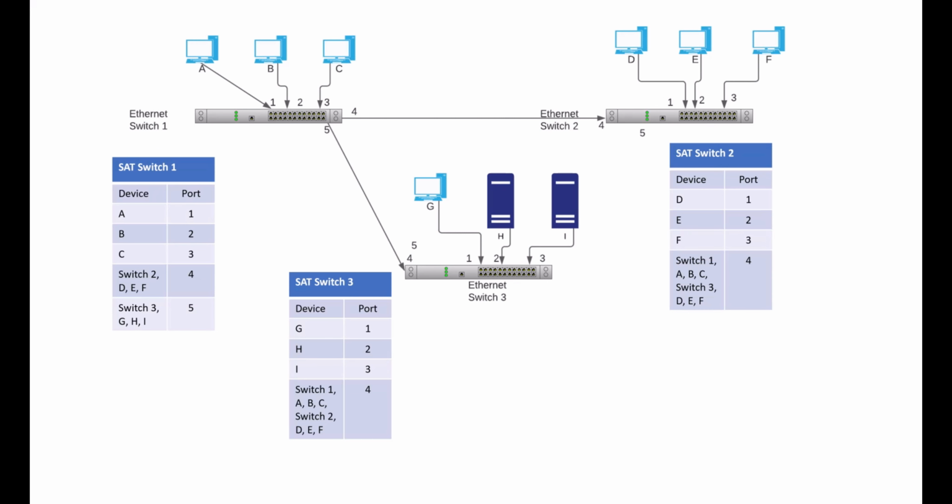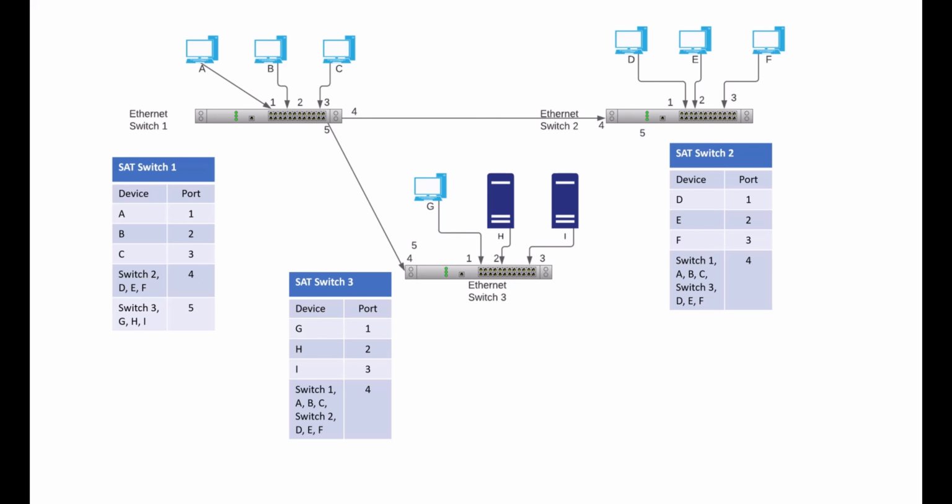When Ethernet switch 2 transmits data of some sort, could be a broadcast, could be a request for some kind of information, could be an SNMP packet, switch 1 will know that switch 2 is on its port 4. Same thing with switch 3. Ethernet switch 1 will say, oh, switch 3 is plugged into port 5. On switch 3 we have three other devices: a workstation G on port 1, server H on port 2, and server I on port 3.